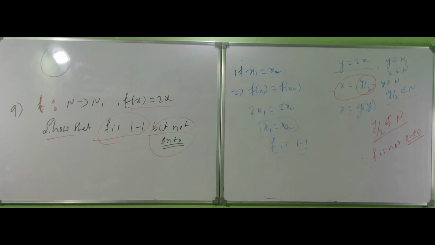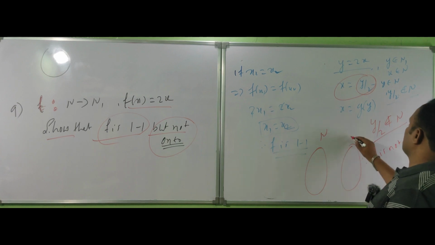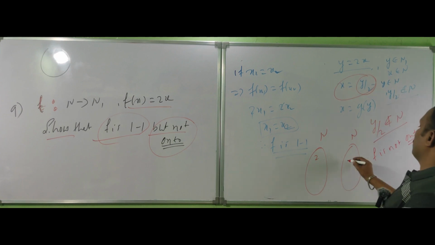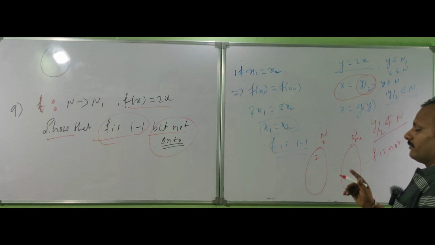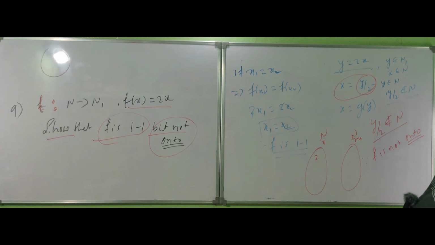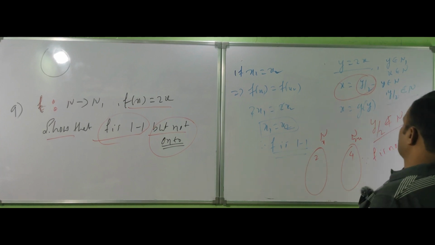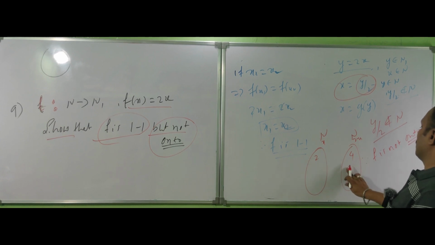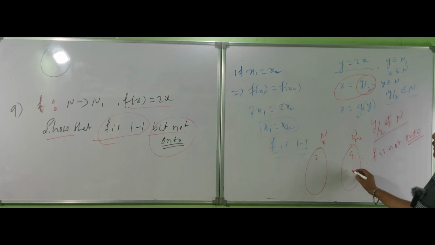So this is n and this is n. We have x and 2x. For an onto function, we should have elements such that any element of the codomain, which is also n, has a pre-image.